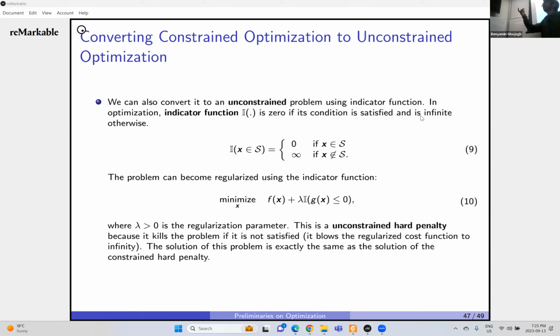However, if we do that, then we will forget the actual cost function f of x. If lambda is too big, then f of x disappears compared to lambda g of x, right? So maybe not. Another solution.